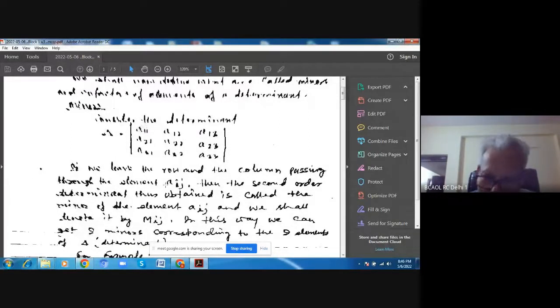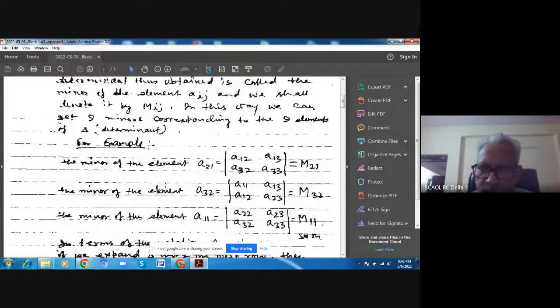This is minor M21. Similarly, element A32. This is your determinant, the new determinant, and finally your minor will come. So basically, finding the determinant and finding the minor are the same kind of part, but it is a separate part, element by element that we did.